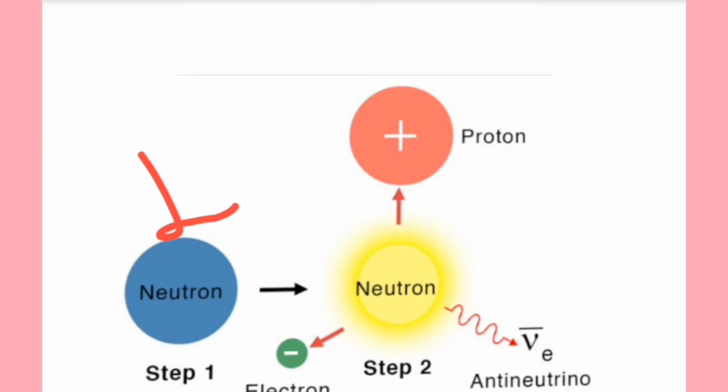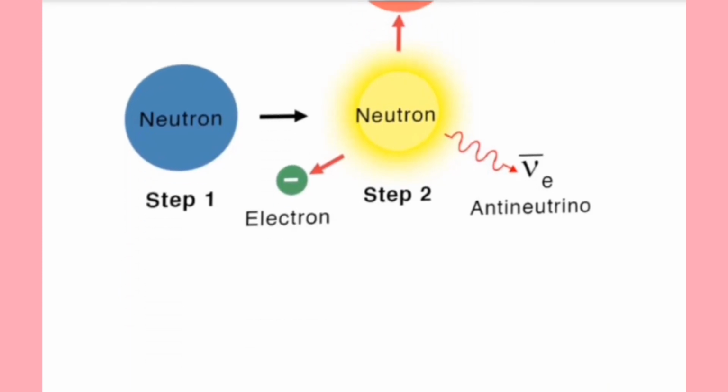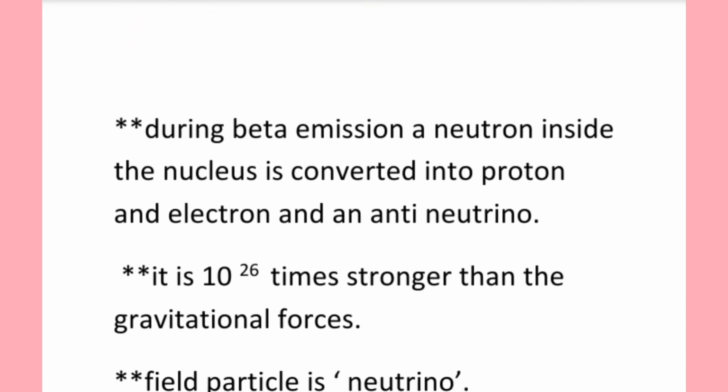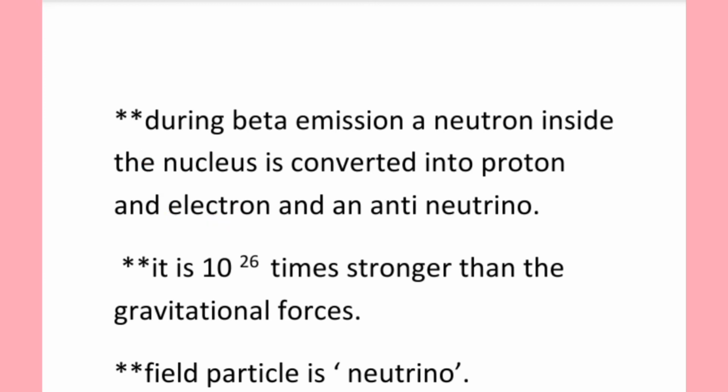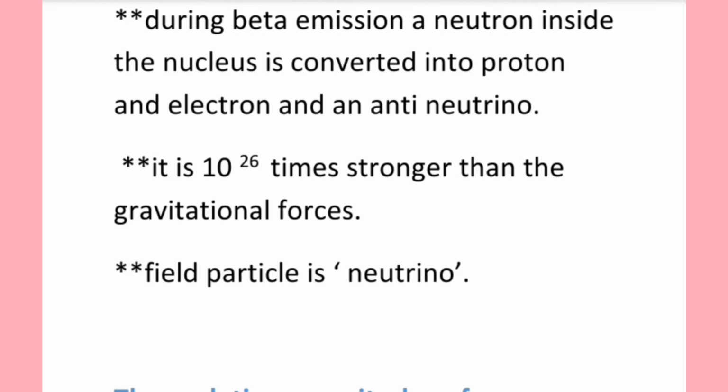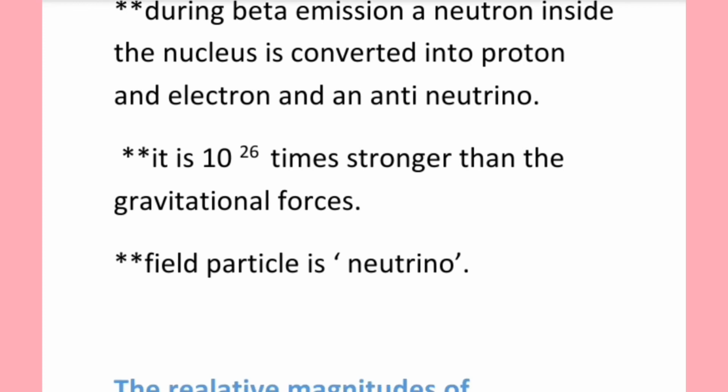As we look into the properties of weak nuclear forces, during beta emission, a neutron inside the nucleus is converted into a proton, an electron, and an antineutrino, and it is 10 to the power of 26 times stronger than the gravitational force.